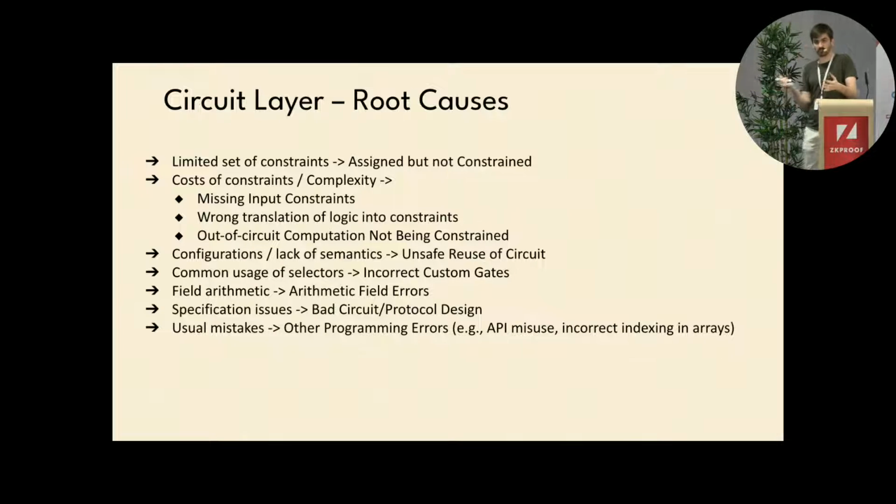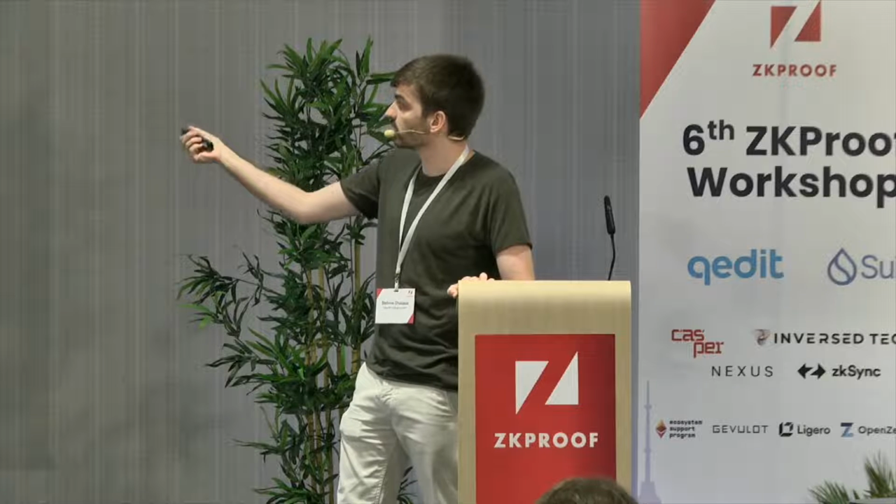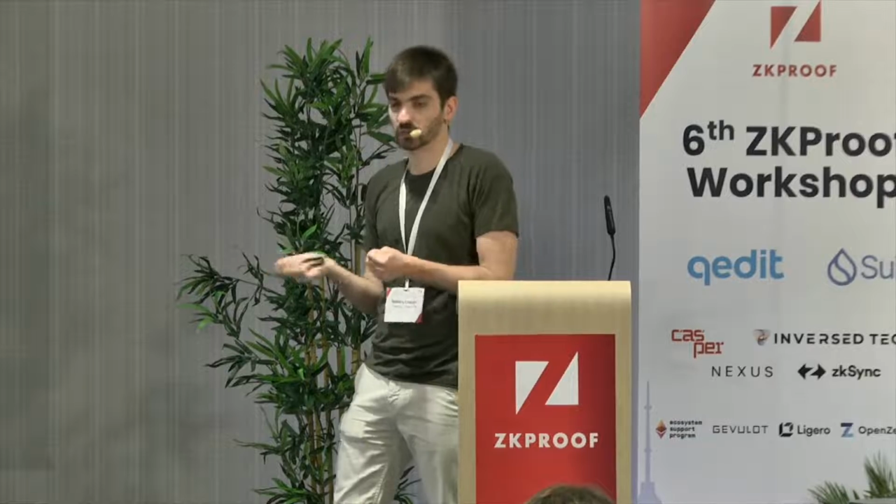Then in some cases, the constraints might be very complicated, and because some things you cannot write directly in circuits, you have to come up with smart tricks. That can lead to many under-constrained issues. And the last of those three is the out-of-circuit computation not being constrained.